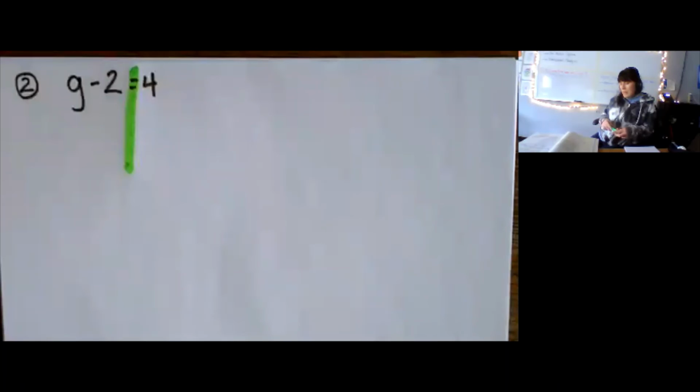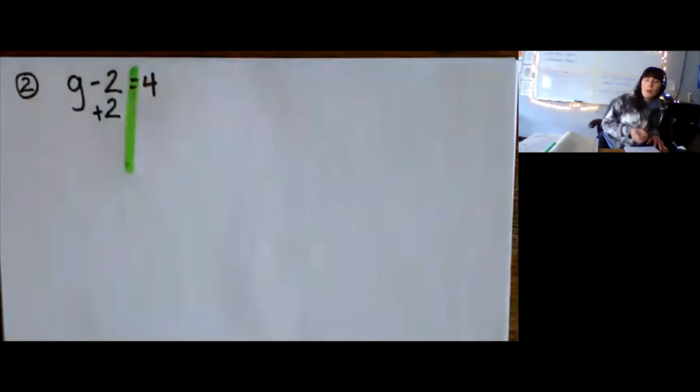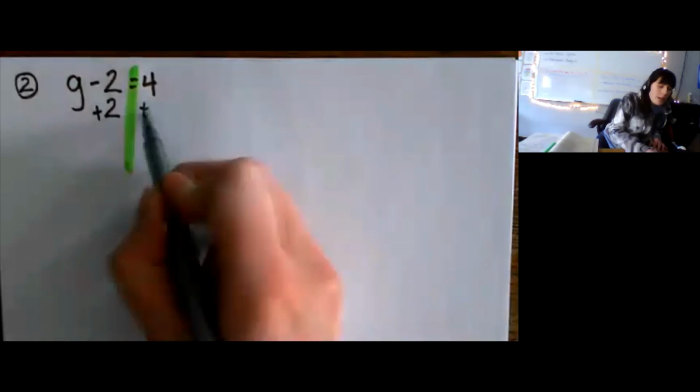To get G by itself, to isolate our variable, we need to do the opposite of what is happening to it. We are subtracting 2. The opposite of subtracting 2 is adding 2. If I do it to one side of the equation, I must do it to the other side.